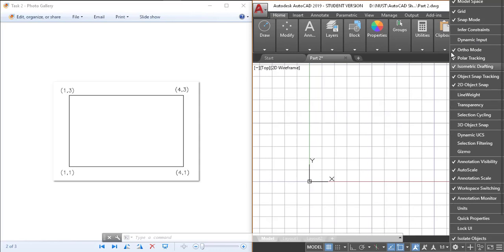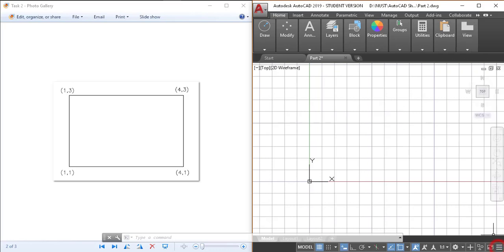So first of all, we have to click on this dynamic input so that we can see whether the dynamic input mode is on or off. Now you can see that this is the icon for dynamic input mode and it is on at this point of time. It means the coordinates which you give will automatically be converted into a relative coordinate system.